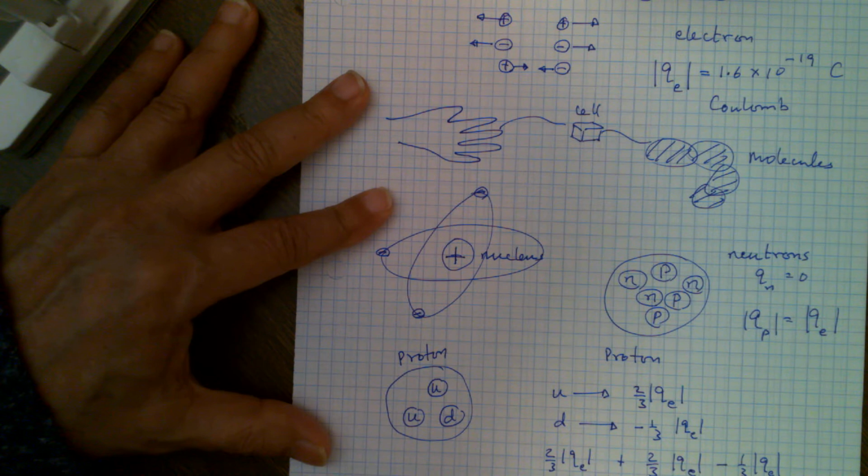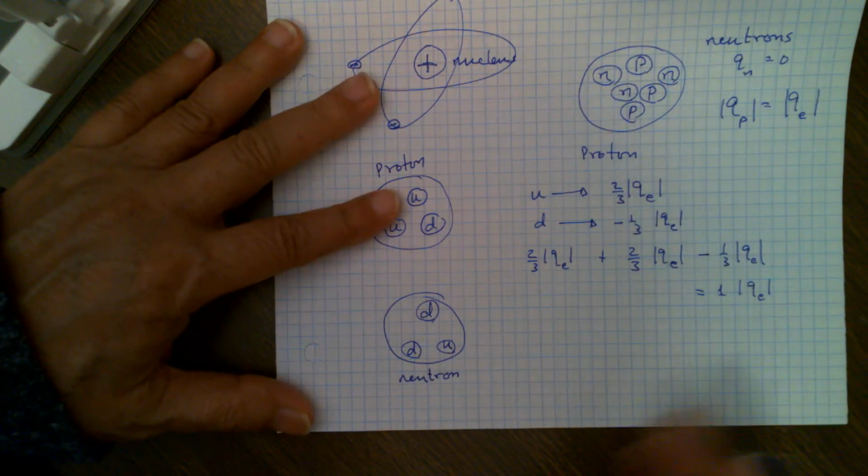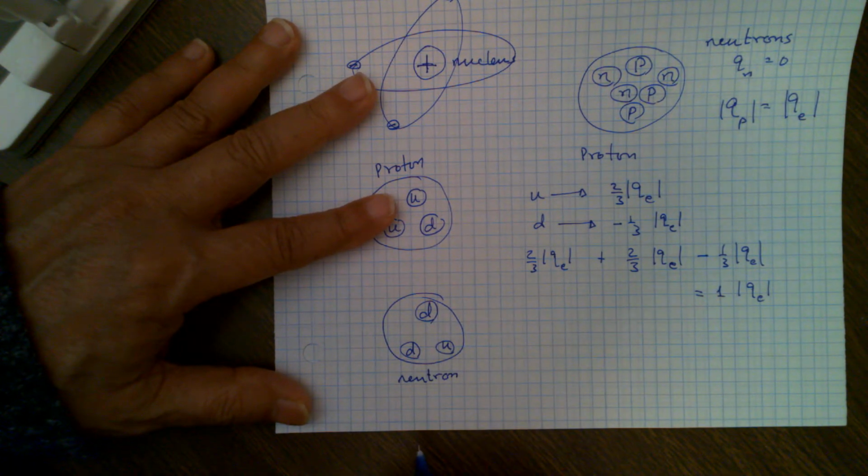For neutrons, the structure is different. The neutron has U, D, and D. That's for neutron.